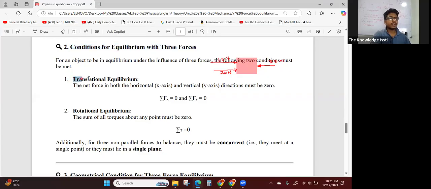The first one, translational equilibrium, should be achieved. That means the resultant has to be zero. So the first condition you can write: the resultant should be zero.